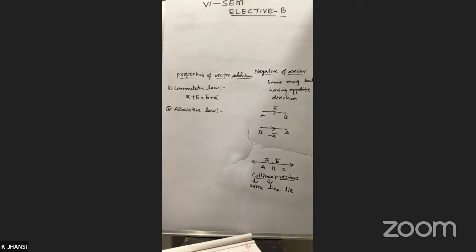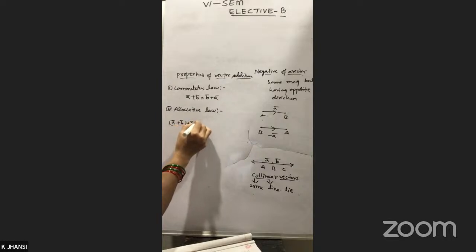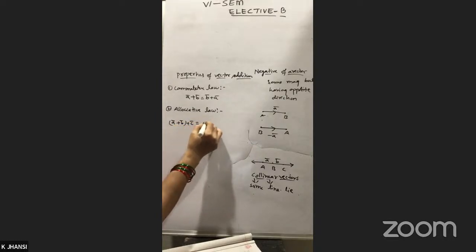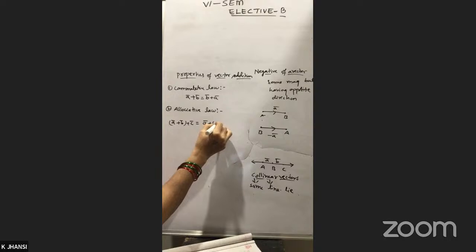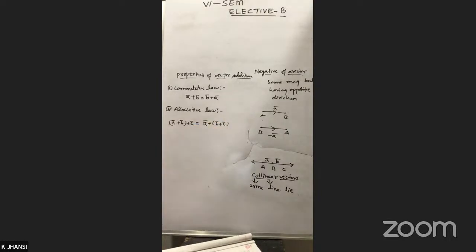Or we can call it the associative property. That is, vector A plus vector B plus vector C is equal to vector A plus vector B plus vector C, with the grouping changed. This is the associative law. Next we have the subtraction of vectors.